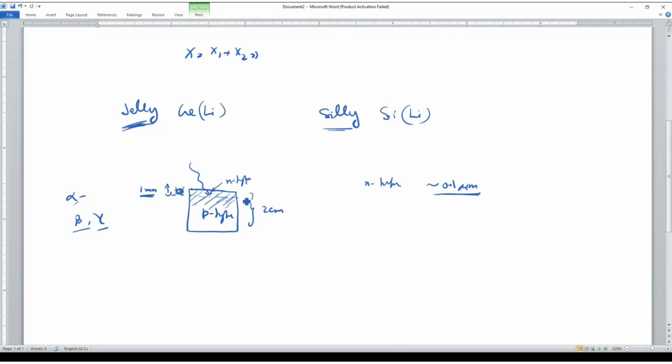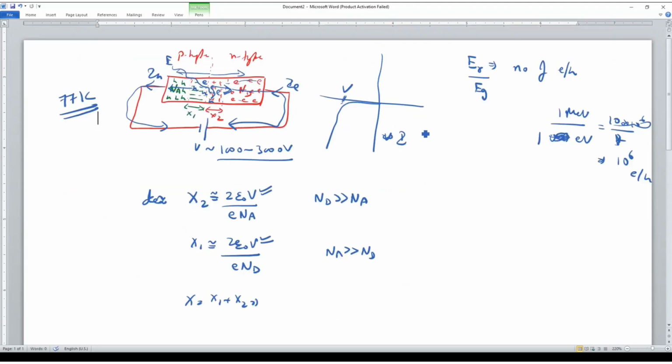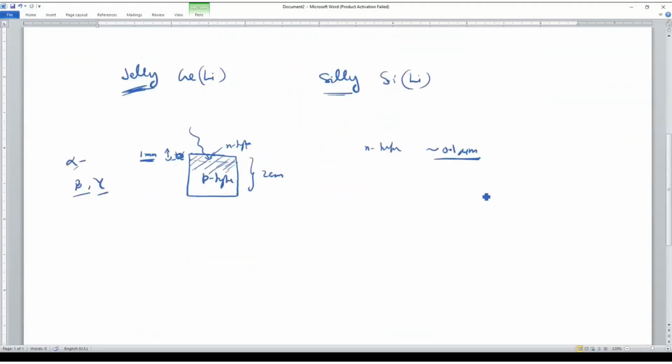Linearity means this formula which we have already discussed should be linear, means the number of electron and hole pairs generated will be directly proportional to the energy of the incoming radiation. So linearity should be maintained. A solid state detector or semiconductor gives good linearity over a very wide range, from a fraction of mega electron volt to 10, 15 or 20 mega electron volt, they give a linear picture. That is not so in the case of gas or any other detector. So these are the advantages.